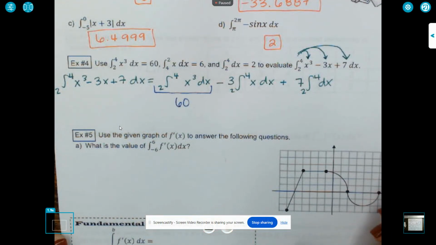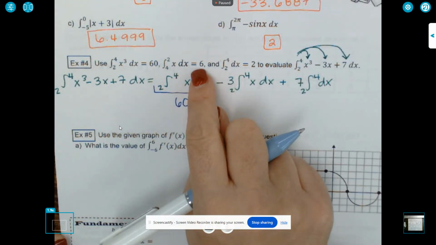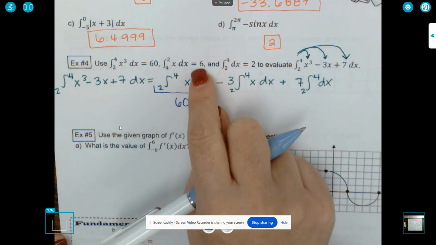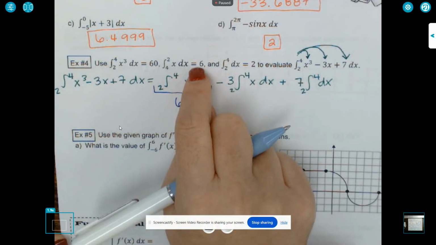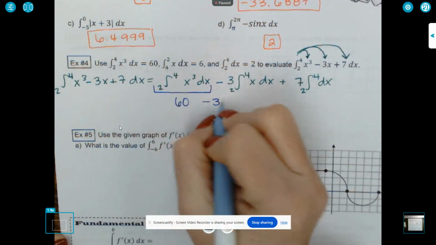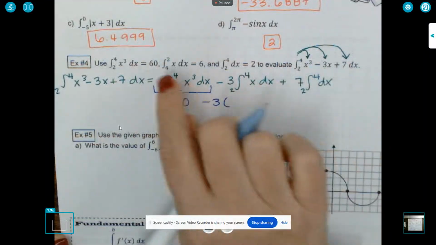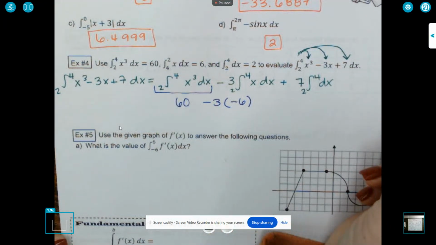Now, we have 4 to 2 of x dx is 6. Remember, if you've got to flip this, you've got to change this, so it's the negative of it. So it'd be minus 3 times. It equals 6 if it went 4 to 2, but it goes 2 to 4, so it's going to be negative 6.